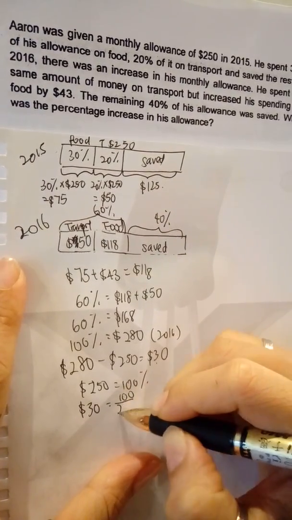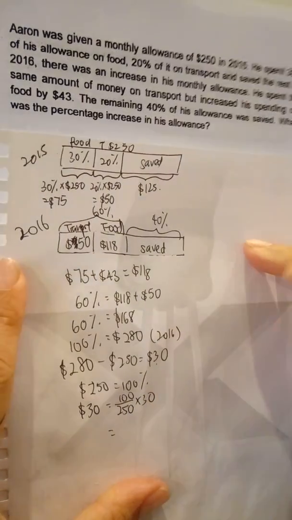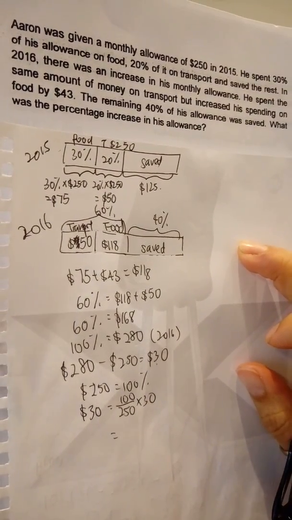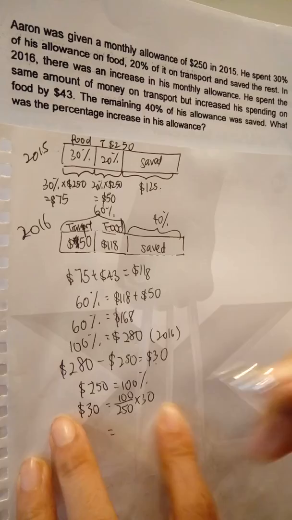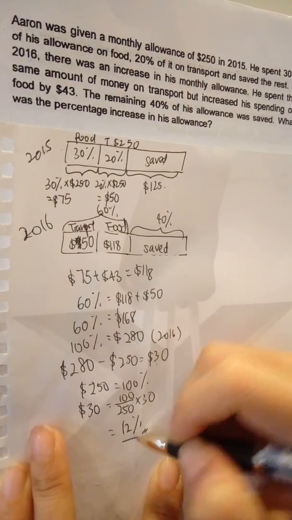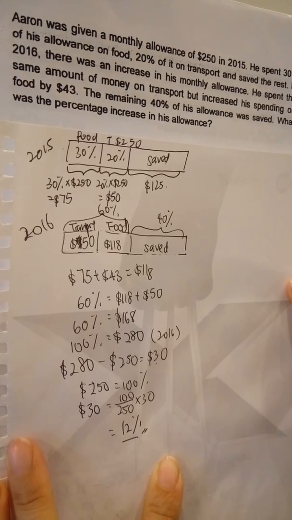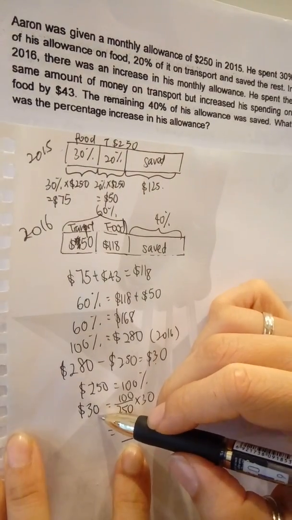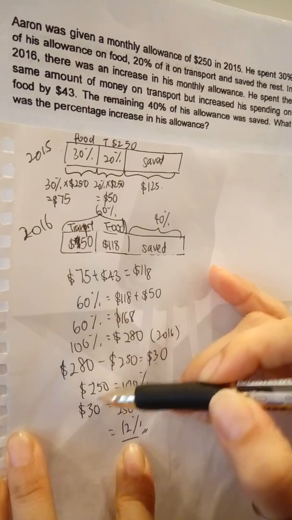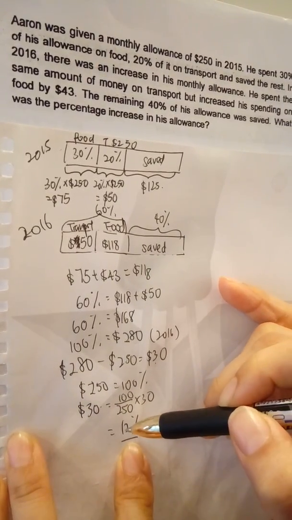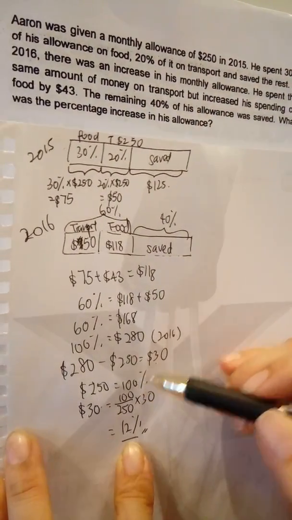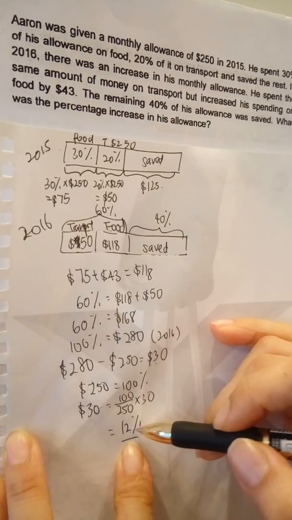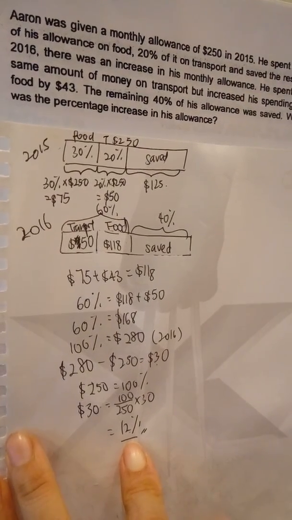Right hand divide by left hand times bottom number. This is a 12% increase. I only calculated the increase. If you want to find the percentage of 280, you will get 112%. But that's not the increase. We only want the increase, so you must minus off the original. So 112 minus 100, you still get 12% increase. Okay, we go to question 17.